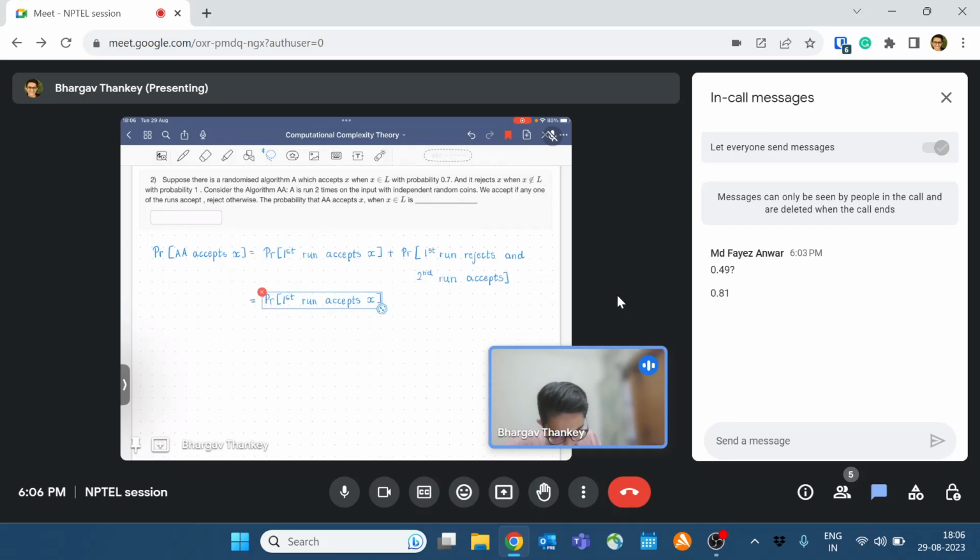So I'll keep the first quantity as it is. For the second quantity, I can write the probability that the second run accepts given the first run rejects, times the probability that the first run rejects.